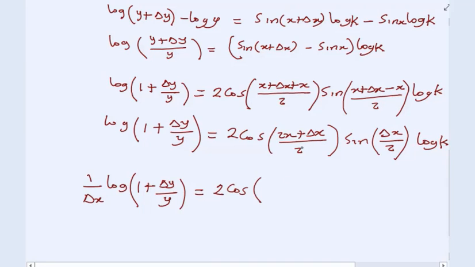Now I'm going to make this as a single fraction as well. 2s divided by 2, I will have s plus delta s over 2. If you find the LCM, you will get what is on top here. Then I have sine delta s all over 2 log k.